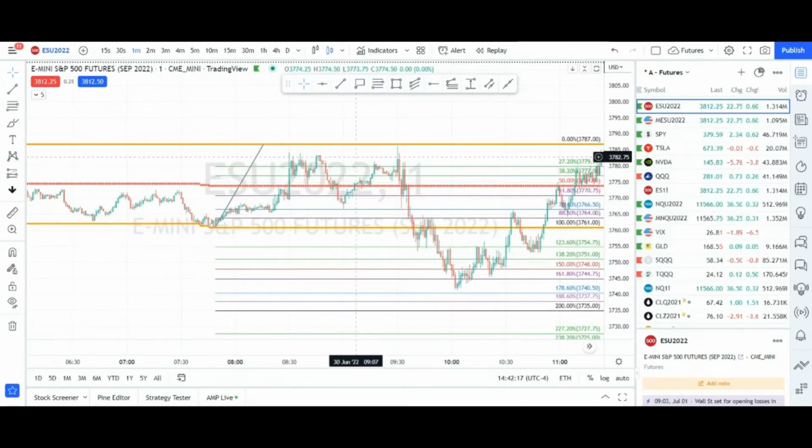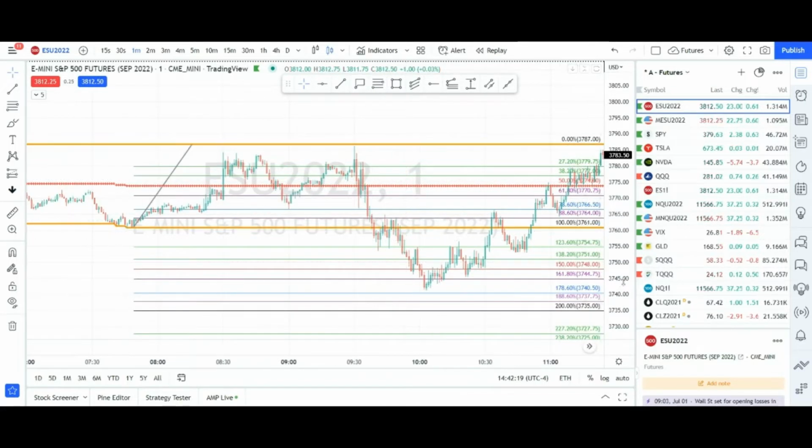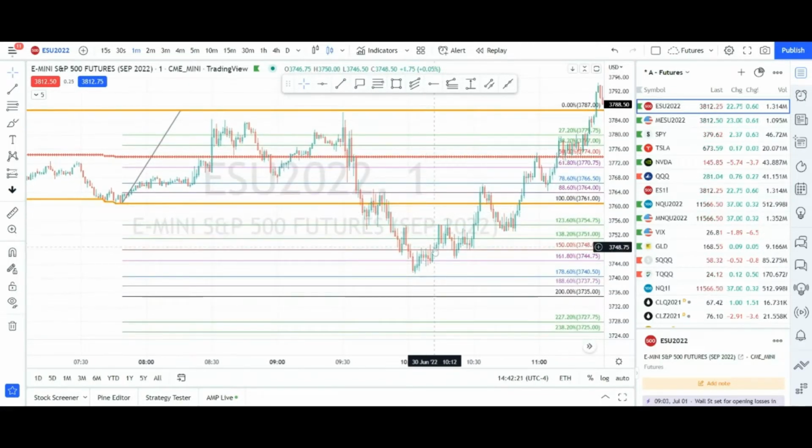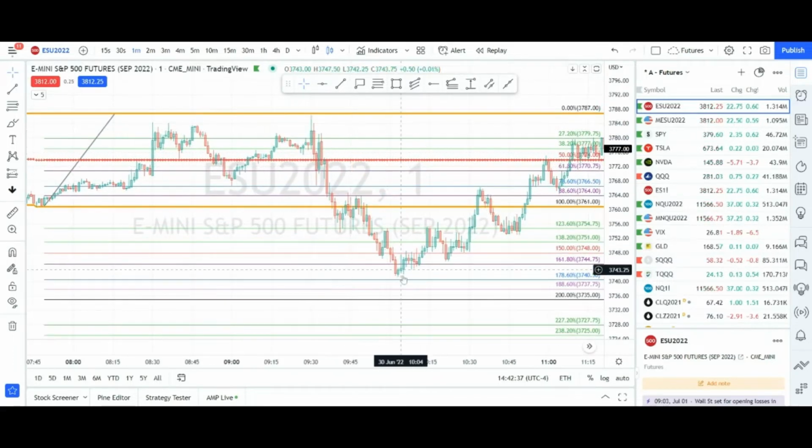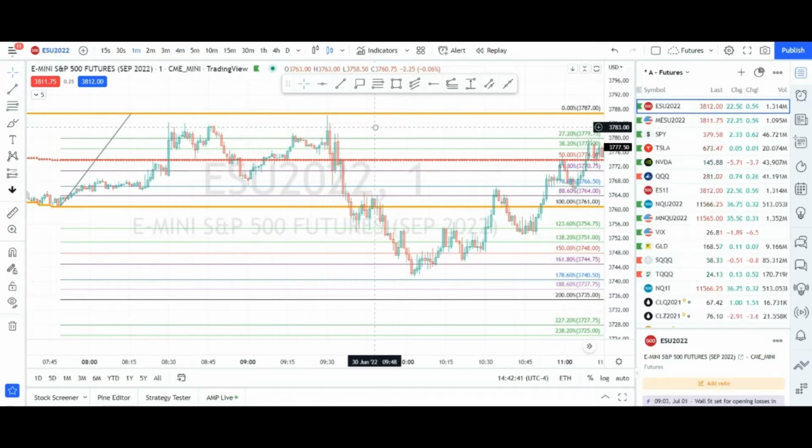Now I can see the price is coming down. My first target level is 1.618. This is my first target level if the bearish momentum is there. If the bullish momentum, obviously the same target. But why is the price coming to this level? So guys, please pay attention.